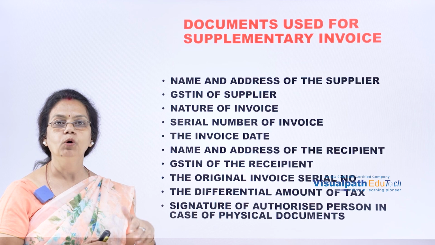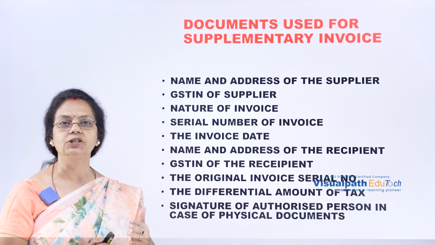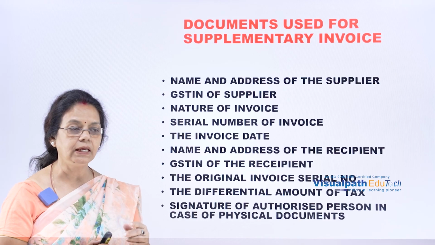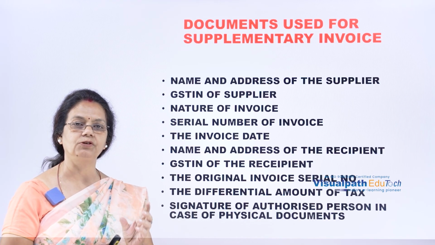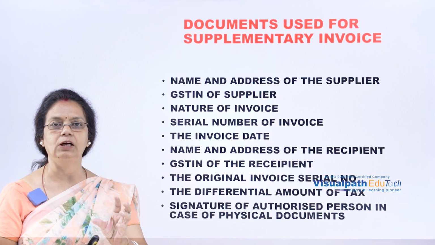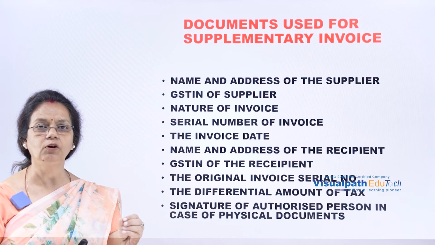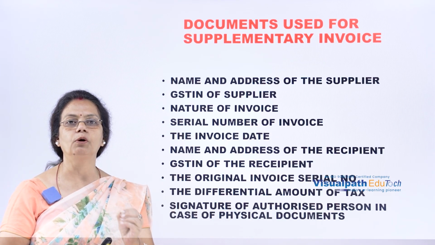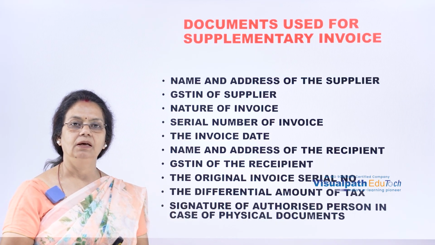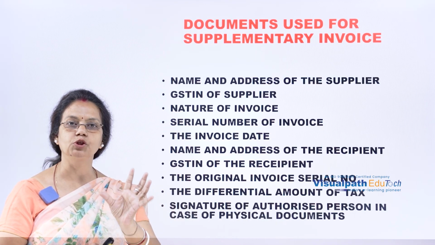In most cases, electronic devices and electronic documents are used. In case of the tax invoice also, electronic media is used, where we need not send the copy physically. We need not produce it on a piece of paper. We just have to mail it. We just have to prepare the documents, the soft copy.